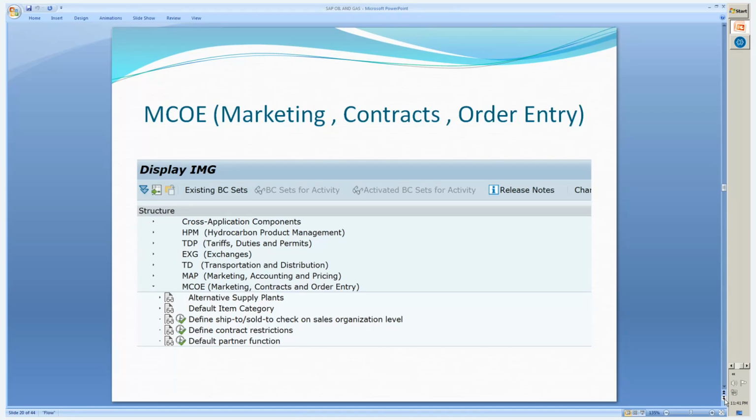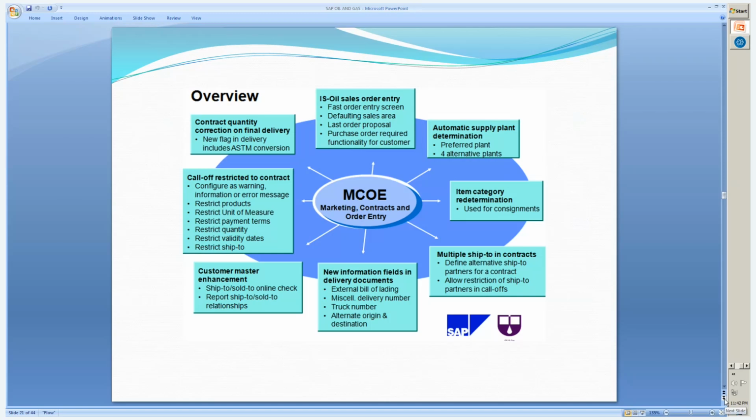Default partner function for ship-to party is an enhancement here. We will see that. So we'll be able to maintain multiple ship-to parties at the header level in the contract. Now the particular screenshot will tell us in detail the various functionalities in MCOE.